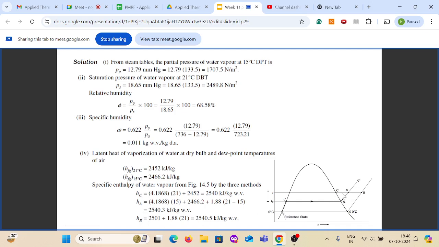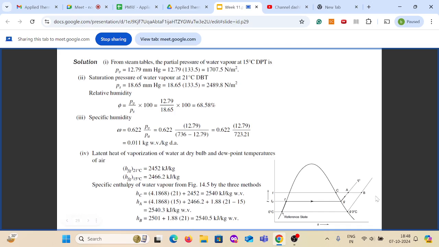So we have to do that: Cp of water into delta T, from 0 to 15, plus the phase change, plus 1.88, the Cp of water vapor, into the delta T there. That will give you 2540.3 kilojoule per kg.